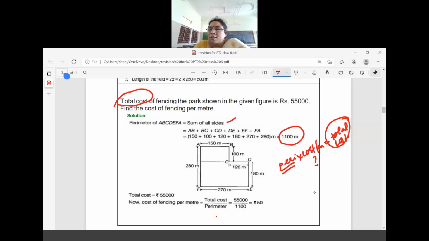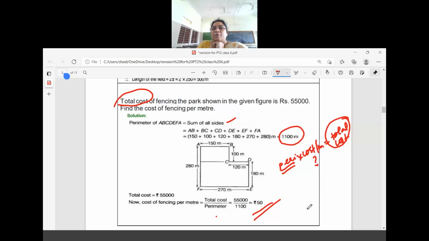What is the total cost? 55,000 divided by 1100. So what is the answer there? It is equal to 50 rupees, right? So once again, what is given in the question? Total cost is given and we have to find the cost of fencing per meter. But in the diagram itself, they had given the length of all sides, right?